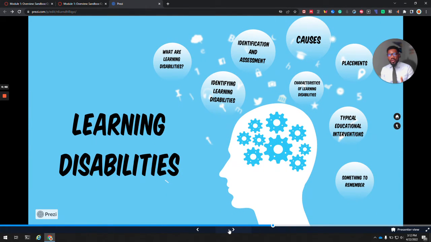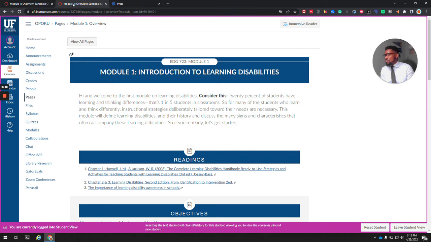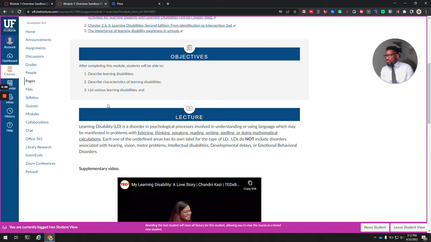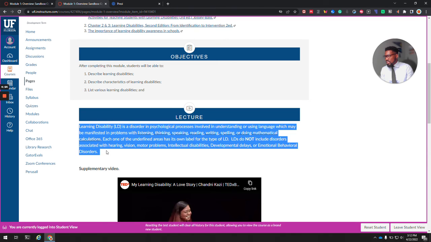I want to point out that the definition of what learning disabilities are is still being debated by scholars. But I want to mention here, practically, that they are psychological processes that involve understanding. So you want to make sure you understand that clearly.